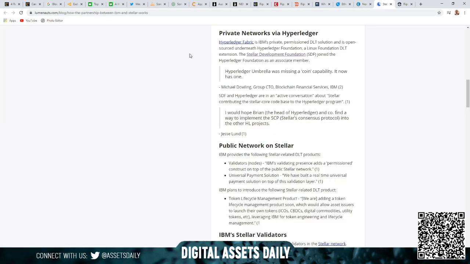Moving beyond that, you have here Hyperledger Fabric is IBM's private permissioned DLT solution. It is open sourced underneath Hyperledger Foundation, a Linux Foundation DLT extension, and the Stellar Development Foundation, SDF, joined the Hyperledger Foundation as an associate member. So I think that's pretty amazing there.